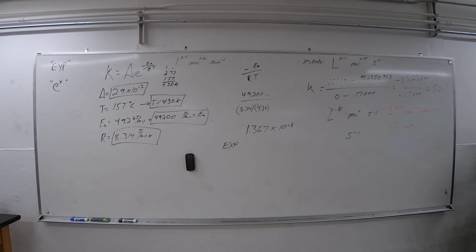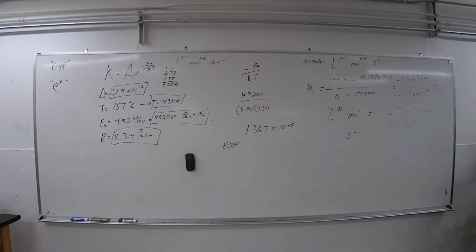That divided by 8.314, and then divided by what? 430. I've got 137 instead of 13.